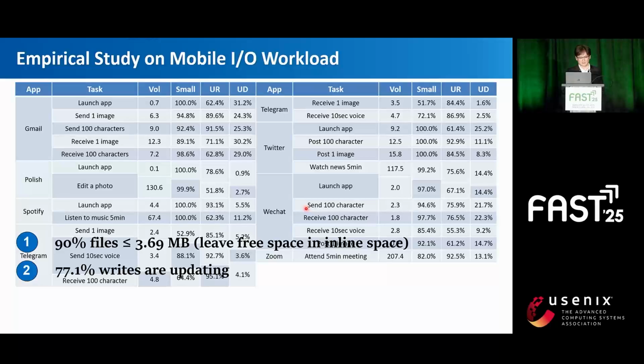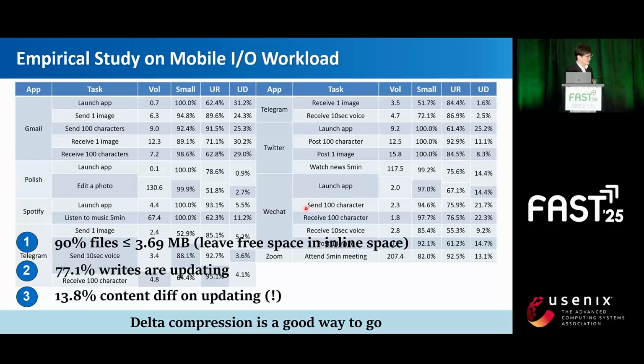The second observation is about 80% of all writes are updates. And the third observation is pretty important: these updates only have small changes to the existing content. The deltas are tiny, as you can see the number here. So we are thinking that delta compression might be a good way to go.